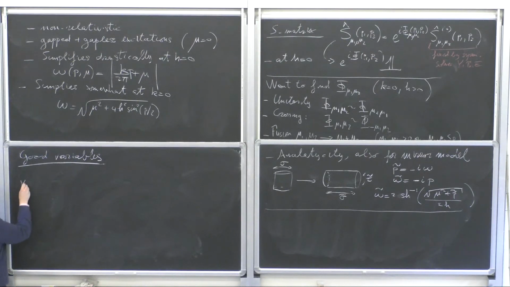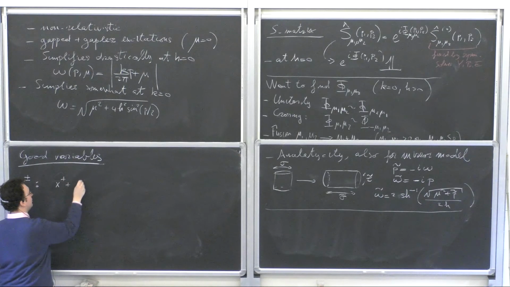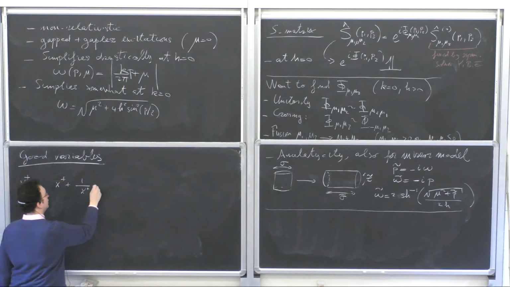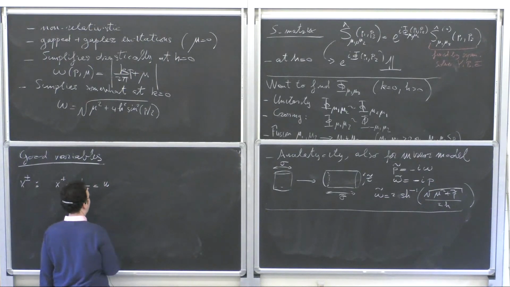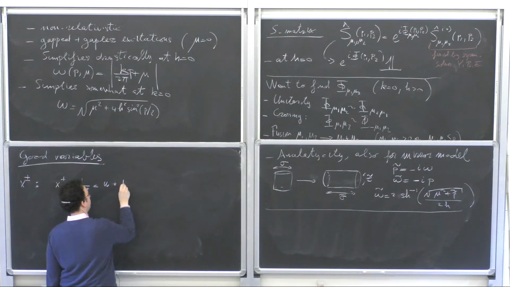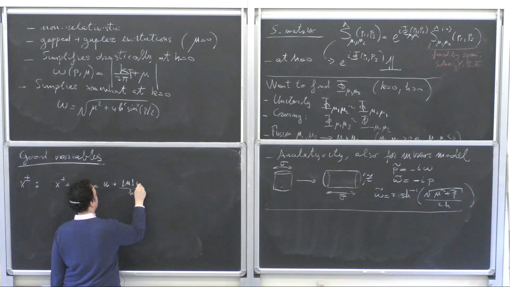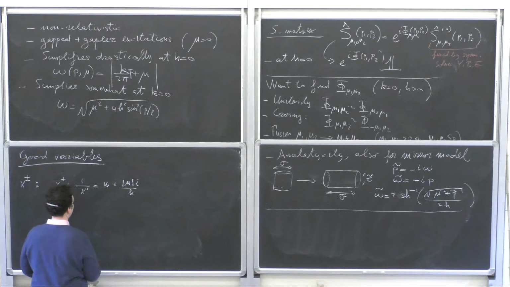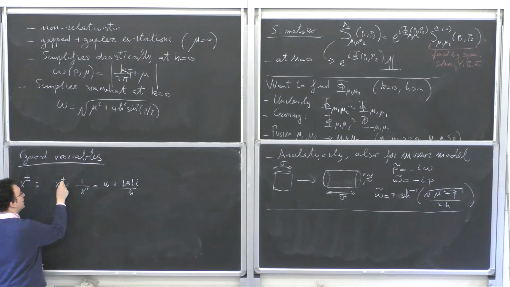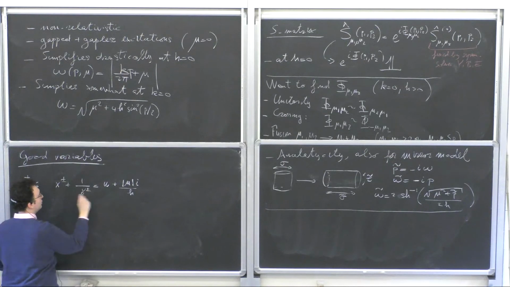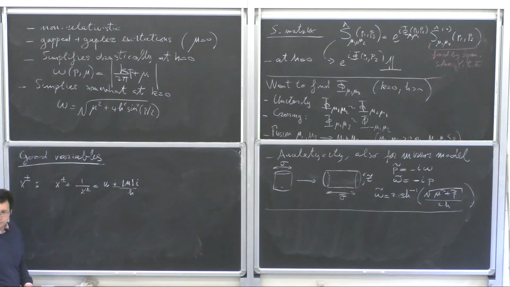So instead of using p and omega, let me introduce 2 variables which I call x plus and x minus. They are constrained variables: x plus satisfies a constraint where u is some parameter related to the momentum and so on. The constraint depends explicitly on mu over h with an i, and x minus satisfies a similar one.